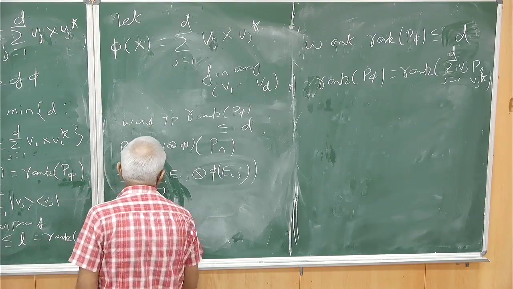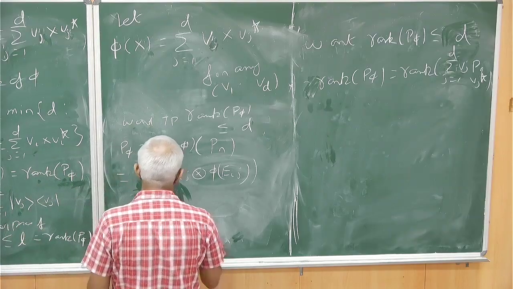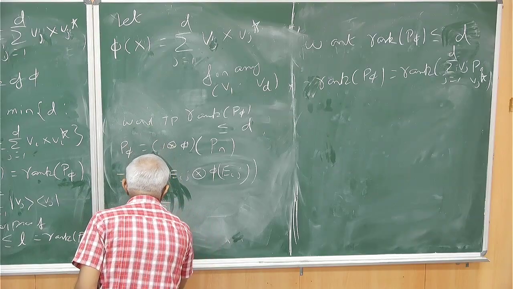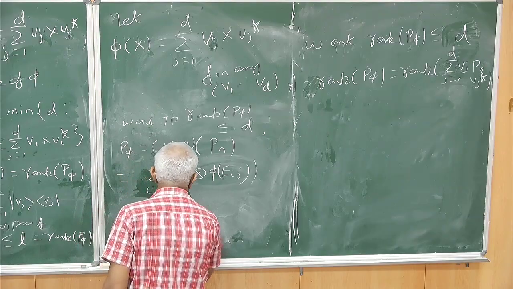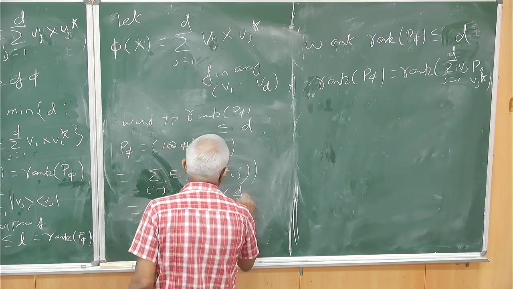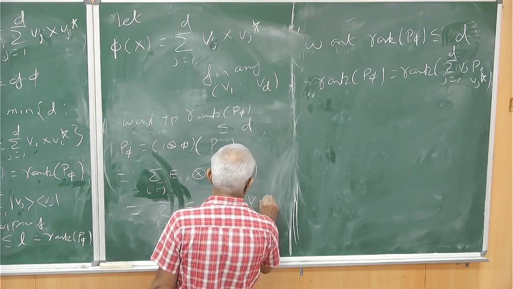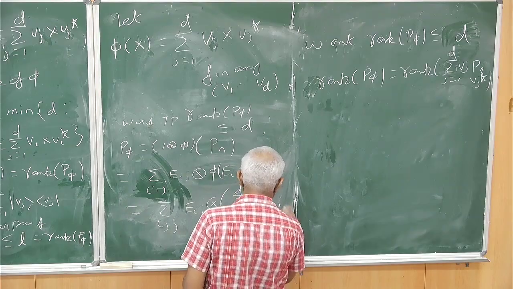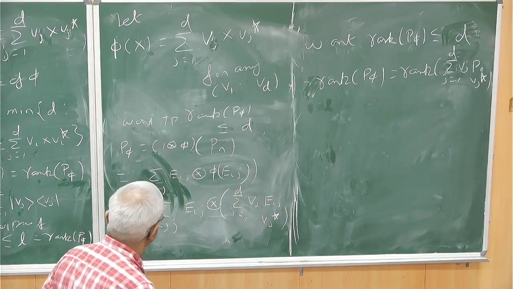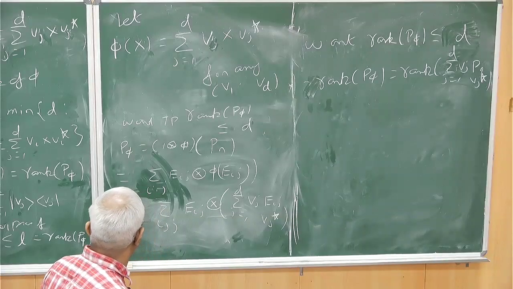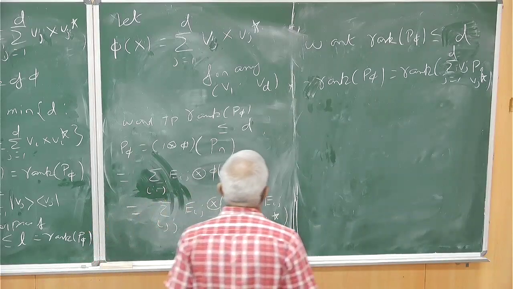And that is equal to the summation over ij of Eij tensor the summation j equal to 1 to d of Vj Eij Vj star. Now you can take this sum out.